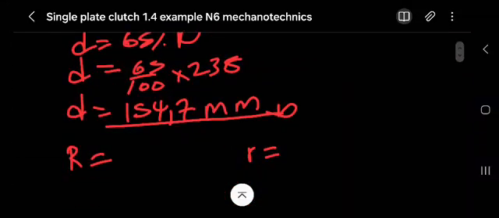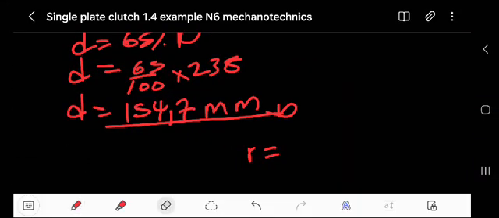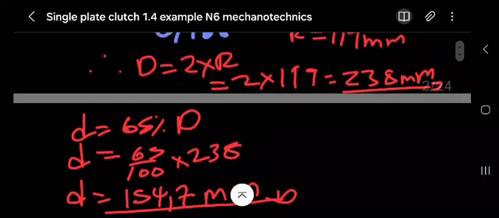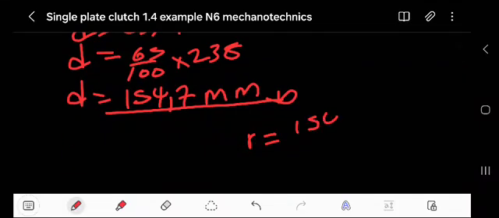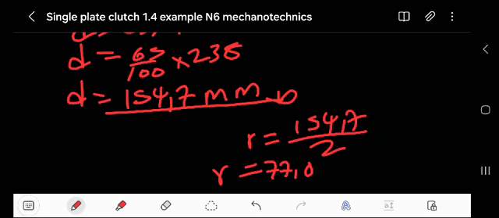Let me calculate. I'll just divide that by 2. We'll just divide 154.7 divided by 2. Let me check what will be the R actual. 154.7 divided by 2 is 77.35 millimeter.